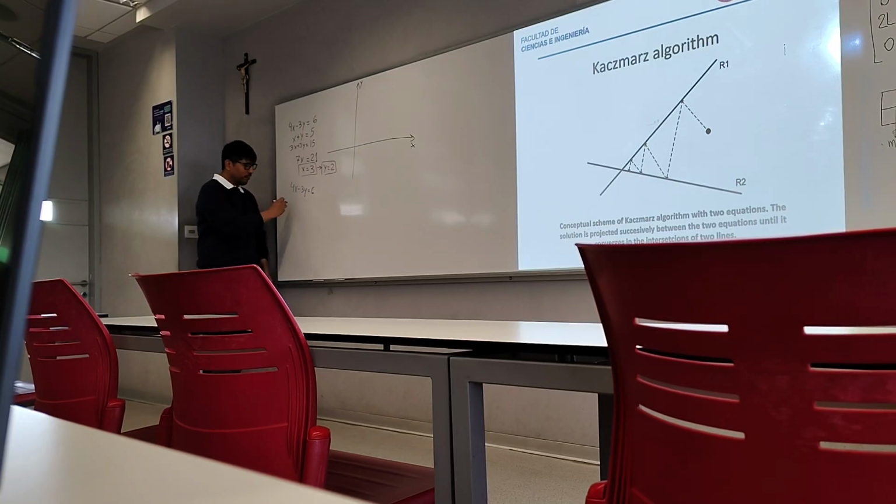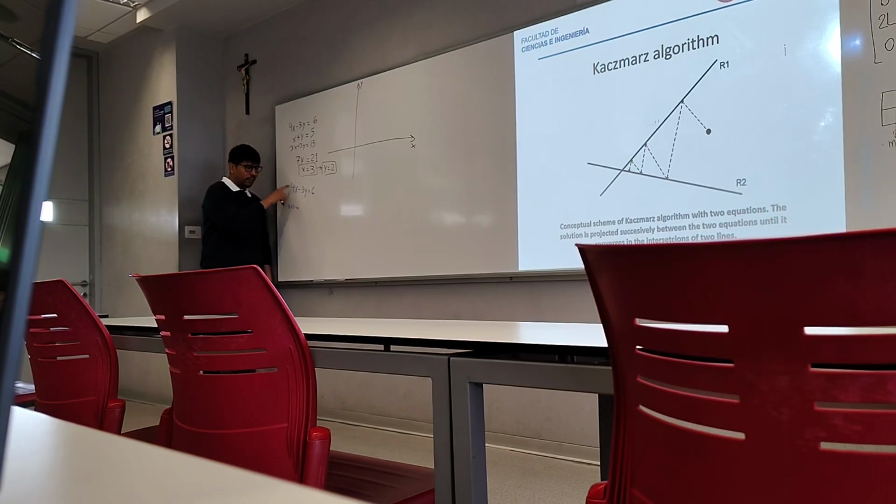For example, in this curve, if x equals 0, we need what? If x equals 0, it means that y should be how much? Minus 2, right? If y is 0, how much would x be? 1.5.